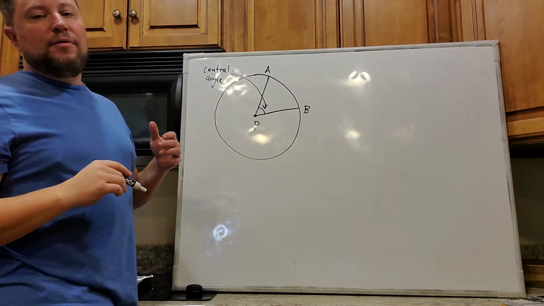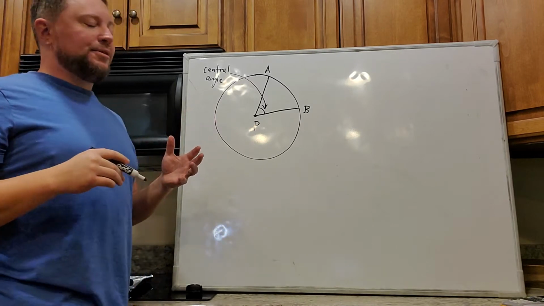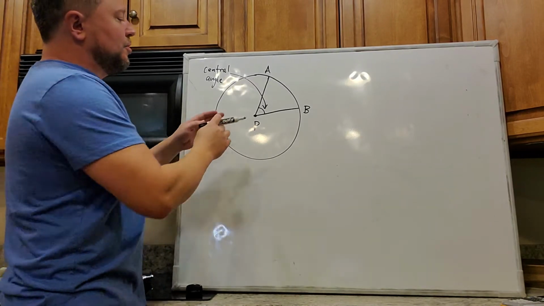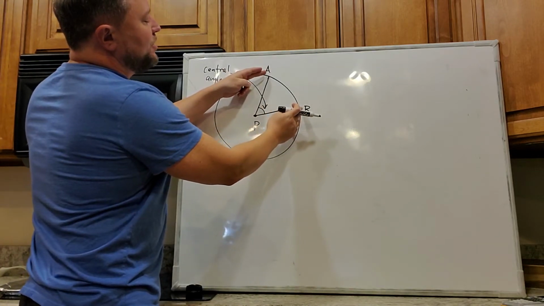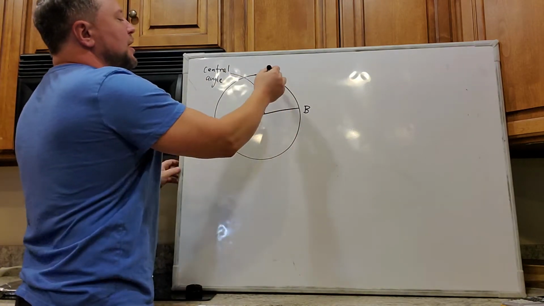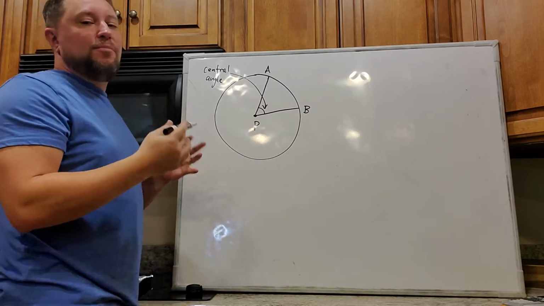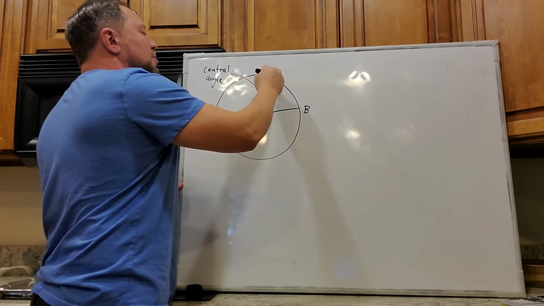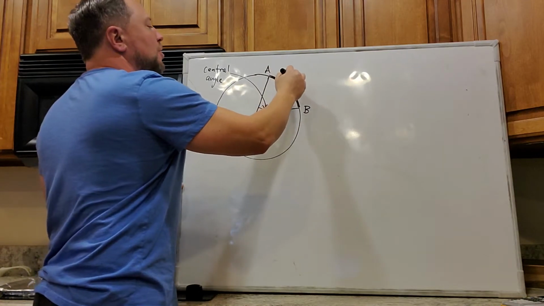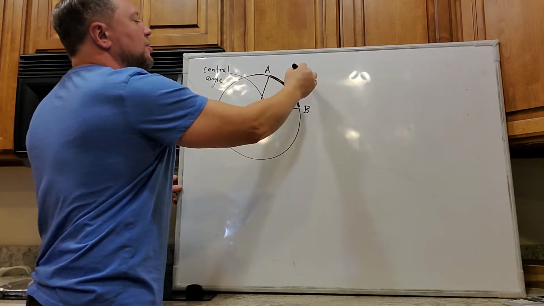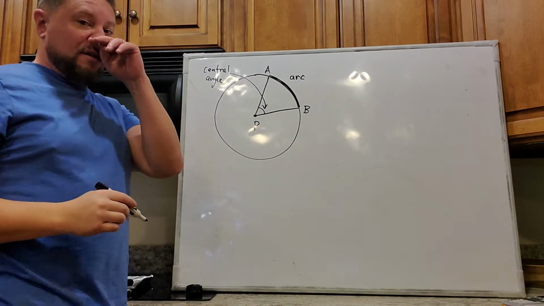The reason I'm pointing that out is because when you draw a central angle, you'll notice as you draw the angle, it goes out and hits the circle at a couple spots, and it cuts that circle into some parts. And part of a circle, like from here to here, is what we would call an arc, A-R-C, arc.